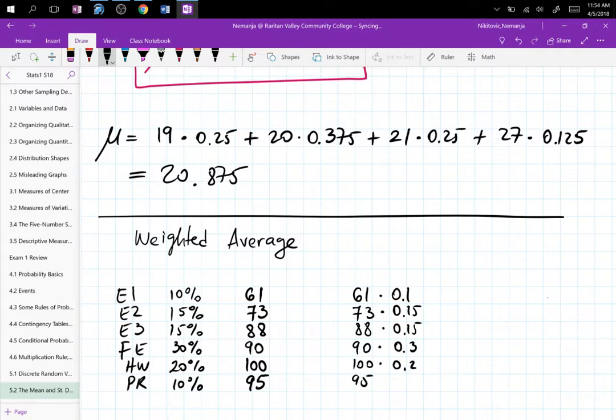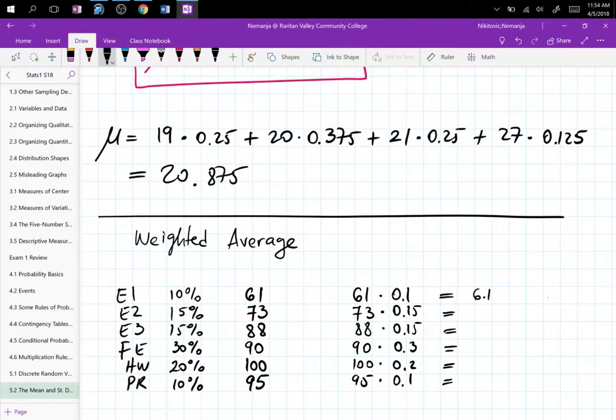And 95 times 0.1. And then all of these things give you the values, and you add them all together. So that's the way you find the average in the class. So that's a 6.1 on the first one.